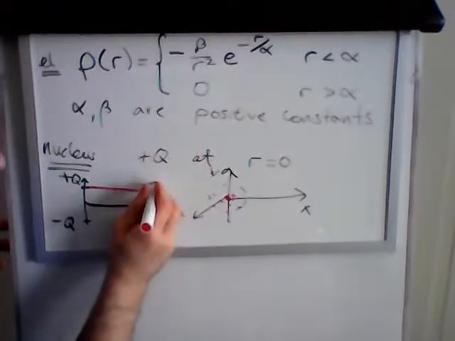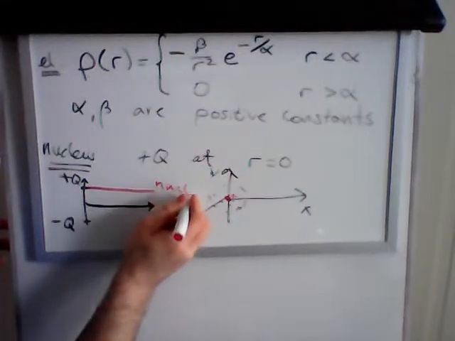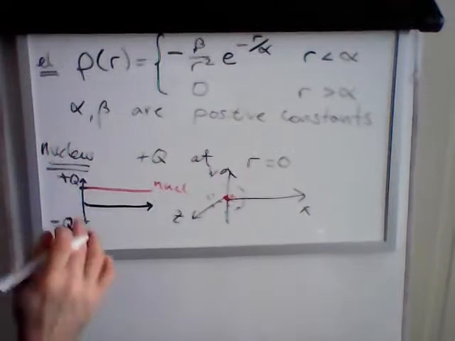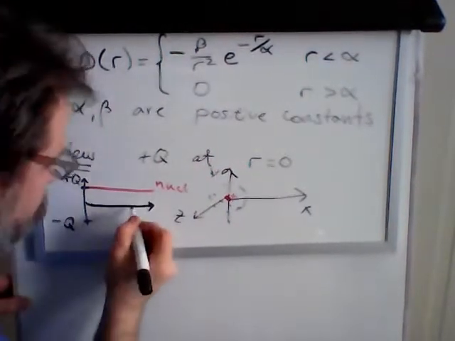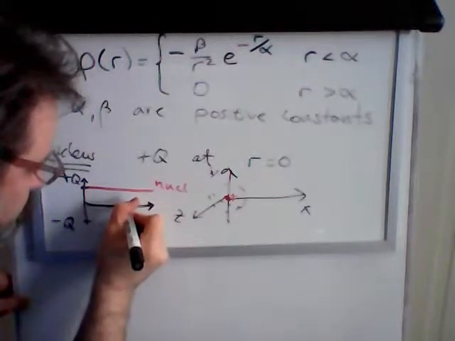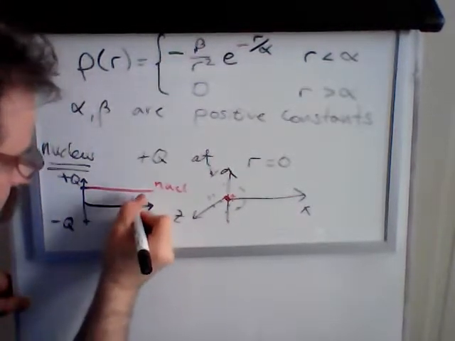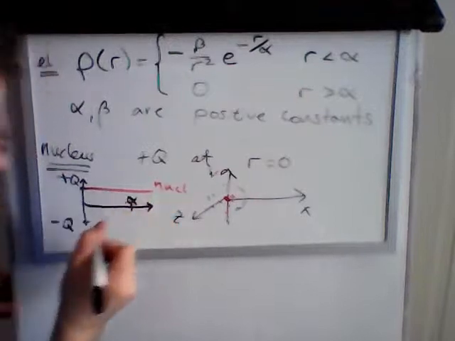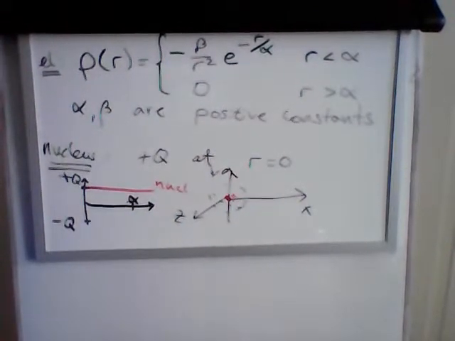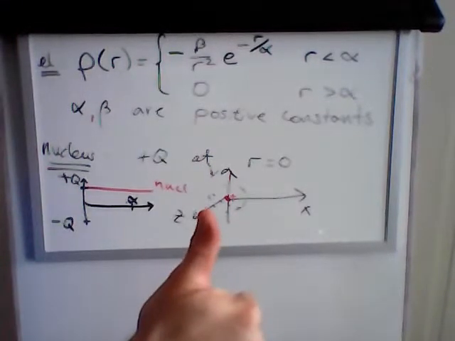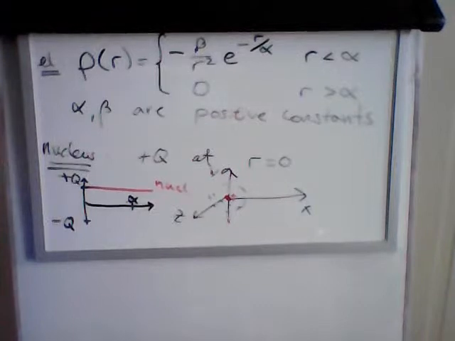This is for our nucleus. And then here we have alpha. Okay, good. Does that make sense so far? Okay, yes? Pretty straightforward, I hope.